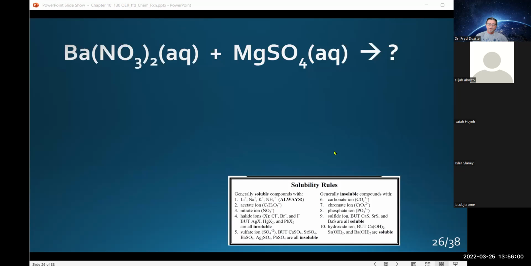So let's take a look at this reaction here. The first thing that should tell you, possibly, that you're doing a double replacement is that both of the reactants are in aqueous solution. Okay, so that's a good suggestion that you might be working with a double replacement. Plus the fact that you're also dealing with polyatomic ions.